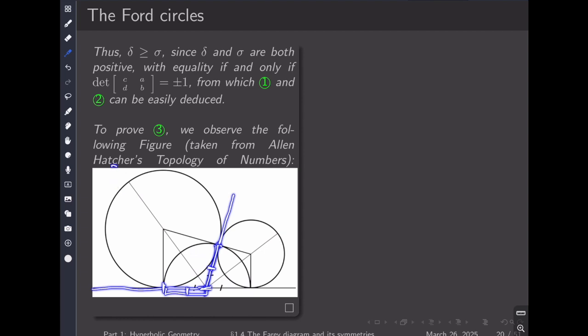Because we know that the configuration for the tangents is invariant under the Euclidean reflection through the line connecting the Euclidean center and the point from which I'm drawing the tangents.